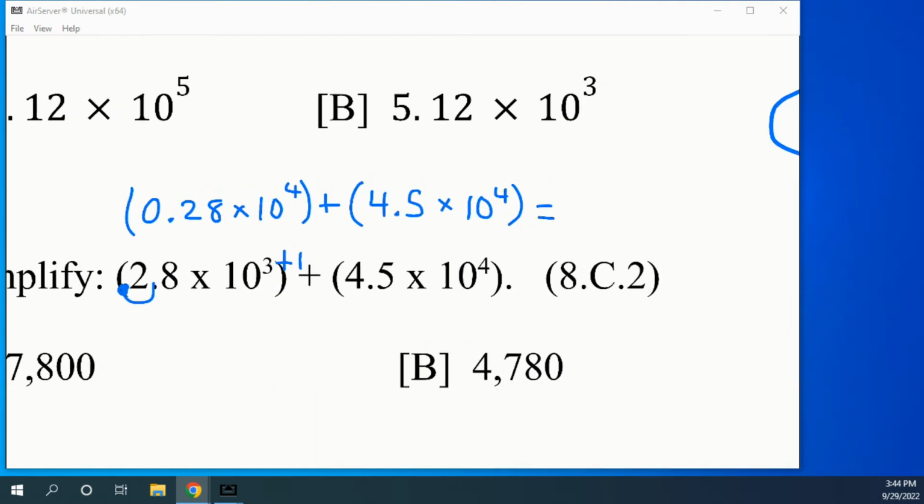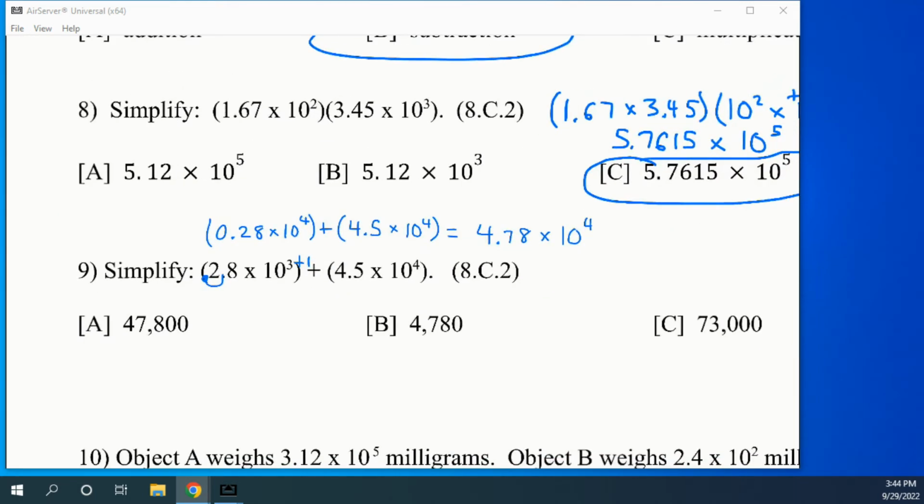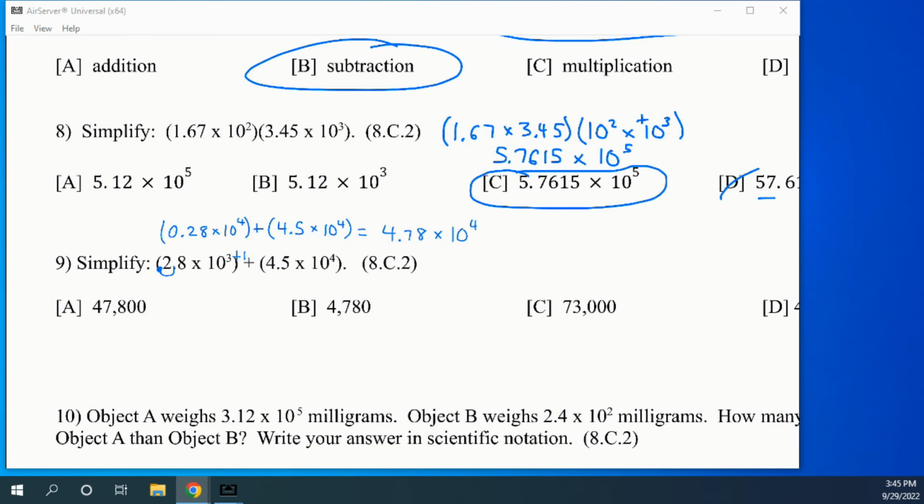The 0.28 plus 4.5 gets me 4.78 times, you'll just keep that 10 to the fourth power the same. So 4.78 times 10 to the fourth power. Well, this is in standard form.